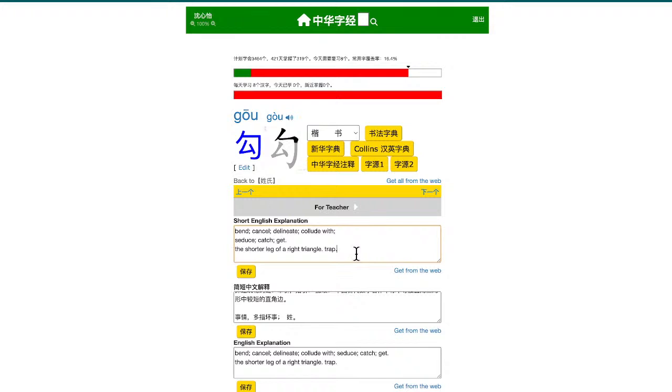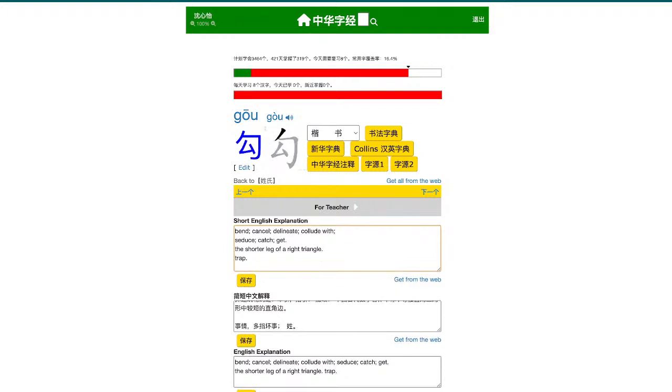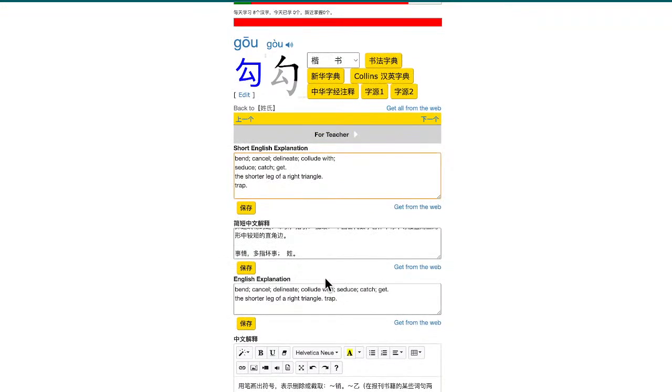And it's a term in geometry: the shorter leg of a right triangle is called 勾, and the longer leg of the triangle is called 股. So that's a specific term in geometry.